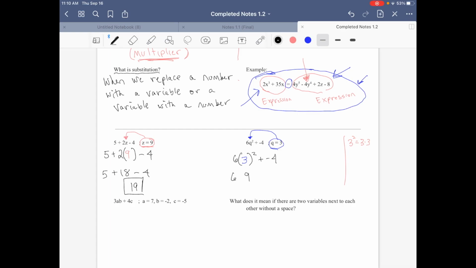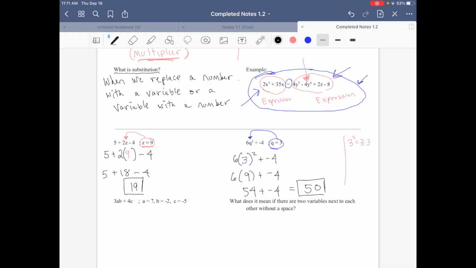So we have 6 times 9 plus negative 4. So next we're going to do multiplication. So I see this multiplication problem right there. So 6 times 9 is 54, plus negative 4 is 50 for a final answer.